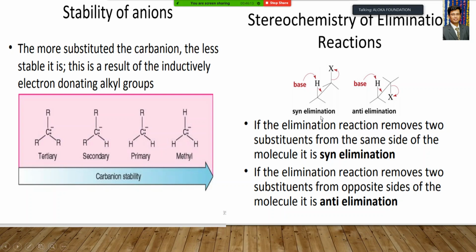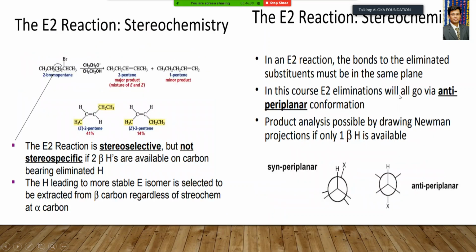See over here, if the base abstracts the proton and the leaving group also leaves from the same side, it is known as syn. And if the base and the leaving group are on the opposite side, then it is known as anti-elimination. This is a 2 marks question. Okay, please remember what is syn and anti-elimination.